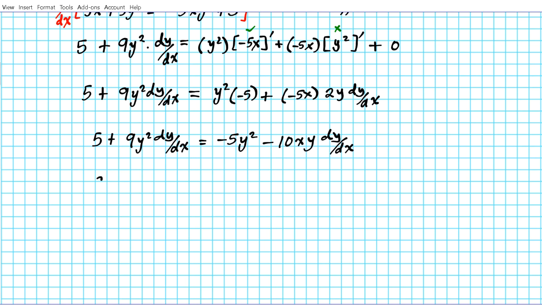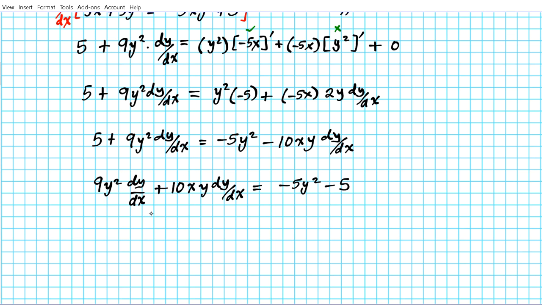So we'll have 9y squared dy/dx, and then our negative 10xy we'll bring to the right side. It becomes positive, plus 10xy dy/dx. And then minus 5y squared, and then you subtract 5 from both sides, minus 5.